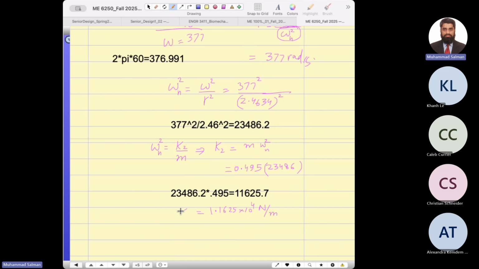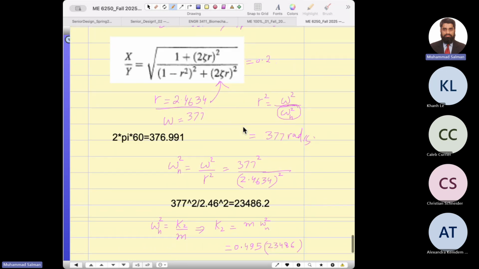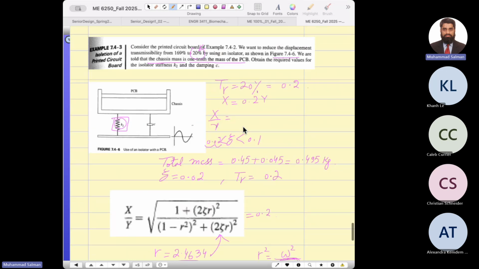This is my stiffness of the vibration isolator. With this stiffness and with this mass, I can reduce this transmissibility to 20%.